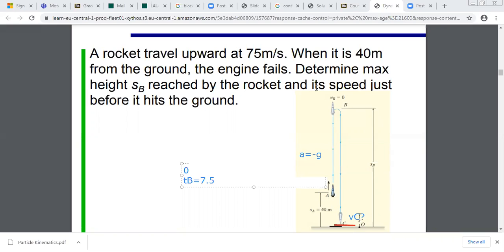If you made a calculation error for B, it will not affect your result. So we can apply between A and C any relation we want. The easiest equation here, because I don't have time, is the relation independent of time between A and C. So as we did between A and B, we can do between A and C.